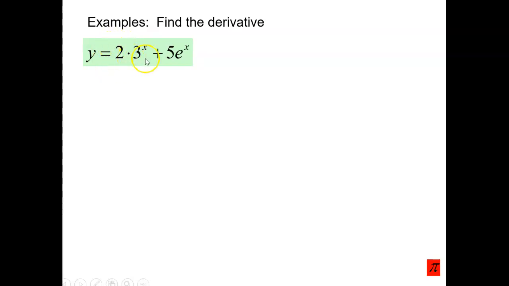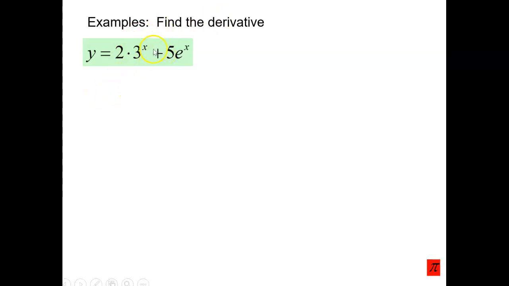I have a constant multiplied by an exponential function. Remember, the constant multiple rule says I pull that constant out and then multiply by the derivative of the resulting function. So in this case, I would pull the 2 out and then take the derivative of 3 to the x, which is the rule we just came up with: itself times the natural log of its base.